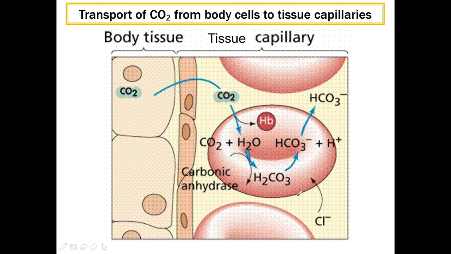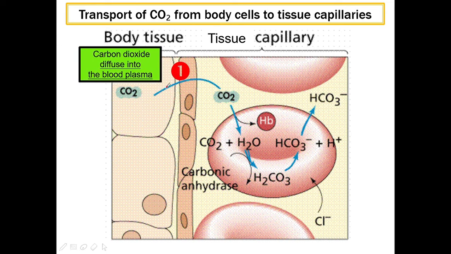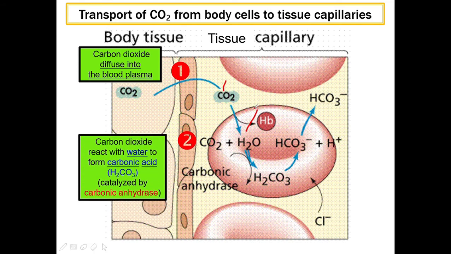Alright, so how is carbon dioxide transported from the body cells to the tissue capillaries? Carbon dioxide released by the body cell diffuses into the blood plasma and eventually into the red blood cell. In the red blood cell, the carbon dioxide binds with water to form carbonic acid.